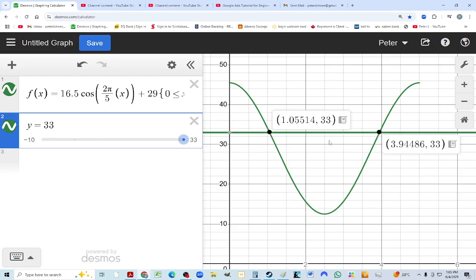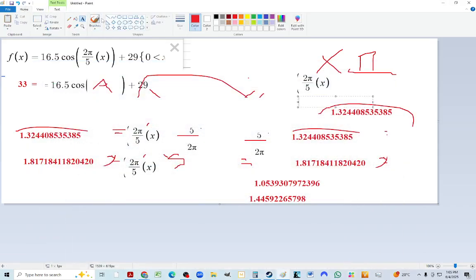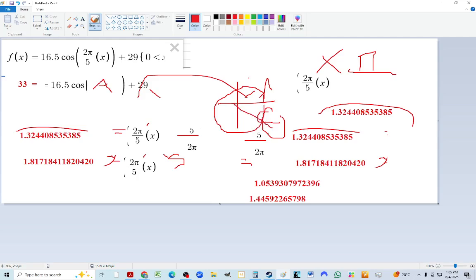Oh, why is that? Oh, I did cos the wrong thing. Cos is positive in, my bad, good example. The first angle appears in this quadrant, but in CAST, cos is over here. So I have to take 2 pi, and here's that angle, subtract that angle. So it's not this one.